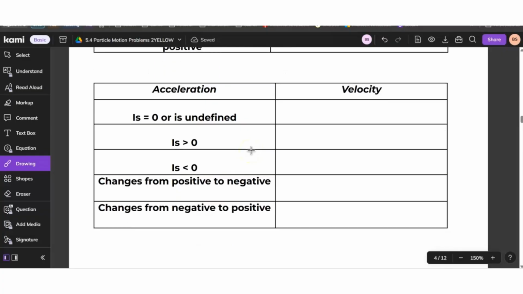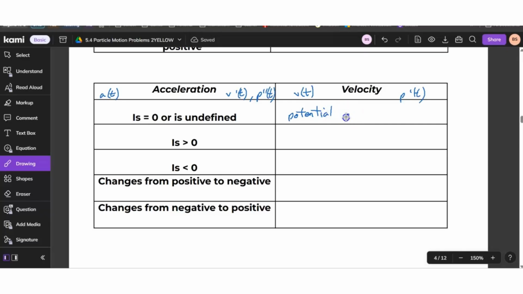Okay, so let's talk about acceleration and velocity then. So we already know our velocity is V of t or P prime of t. For acceleration, this is going to be A of t, or it could be V prime, or it could be P double prime. That's our acceleration. Now, if the acceleration is 0, that means we have a potential, because remember, it always is potential.